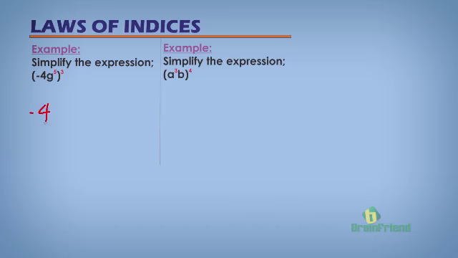This would be minus 4 raised to power 3 times g raised to power 5 times 3, which is equal to minus 4 cubed would give us, first, a negative answer. 4 times 4 is 16. 16 times 4 is what? 64. g raised to power 15.